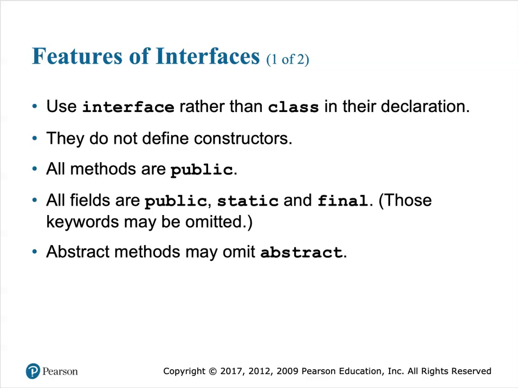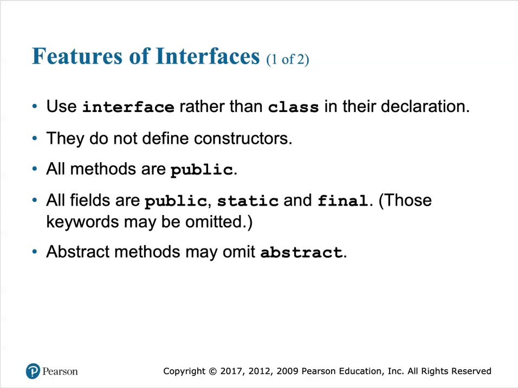All the methods have to be public because if it's an interface, there's no reason for there to be something private there. If there are fields, they are public, static, and final. So basically, they're available to everyone, and they are immutable. So it's a way to set up constants.